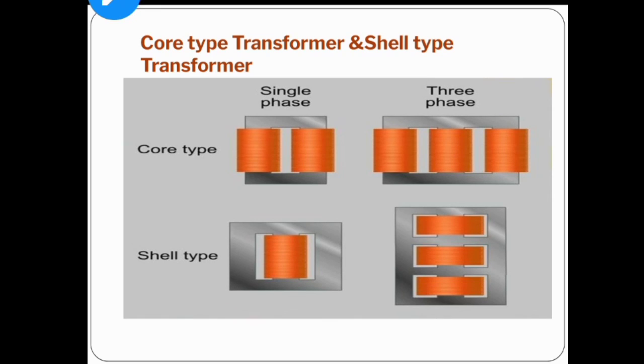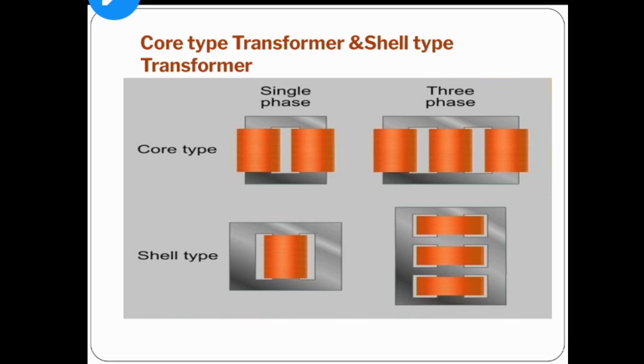The second difference is that in the core type transformer, the core is surrounded by the windings. But in the shell type transformer, the winding is surrounded by the core. If you observe the two diagrams, we can easily understand that in the first type the total winding surrounds the core, but in the second one the winding is surrounded by the core.